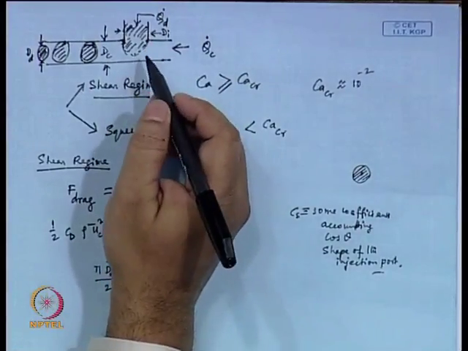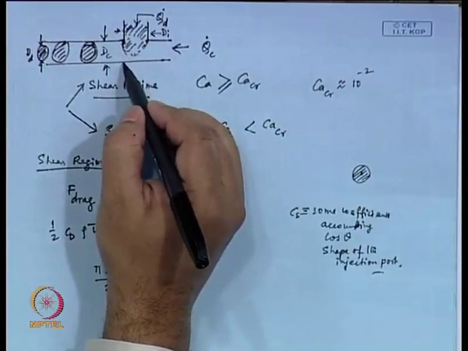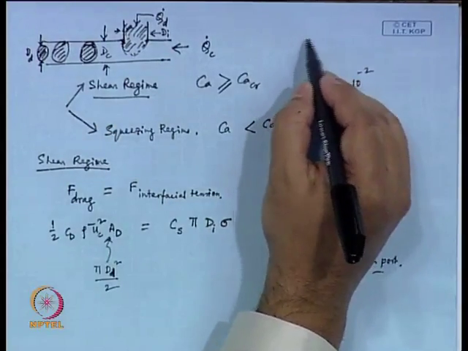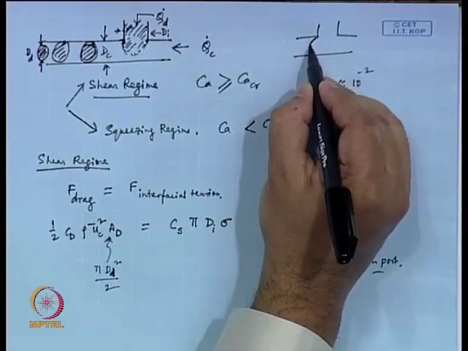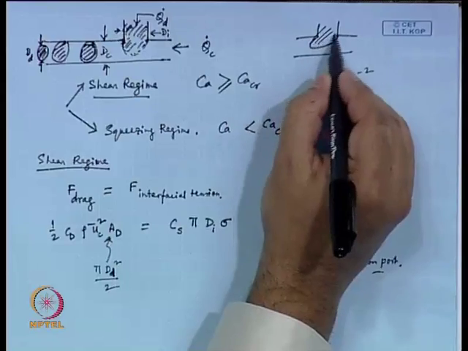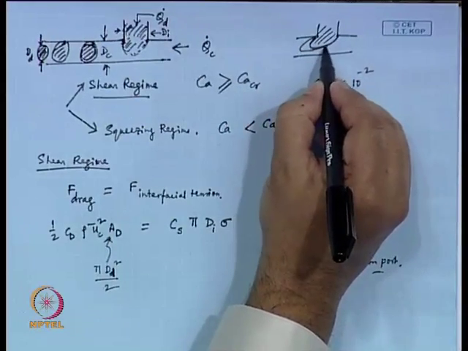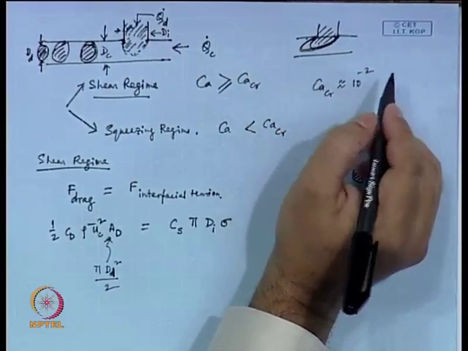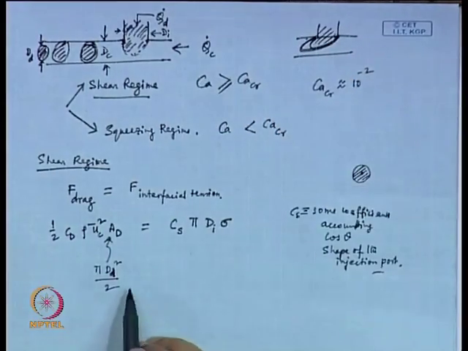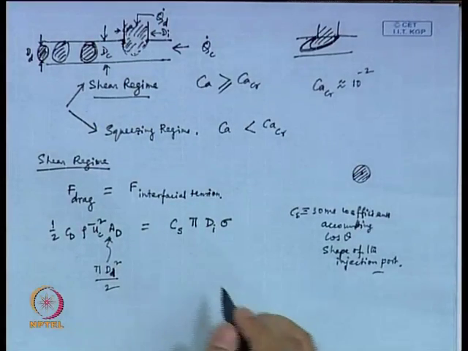But at the time of droplet formation, the plume may not take the full shape. It will take a shape like this, then a shape like this, and then it would break. Probably we will touch upon this point later; let me see what would be the final result in this case.